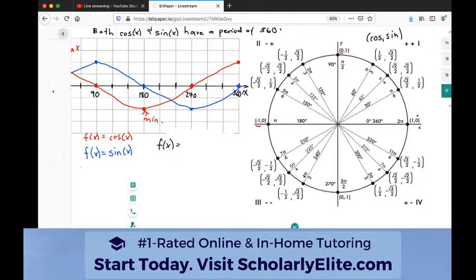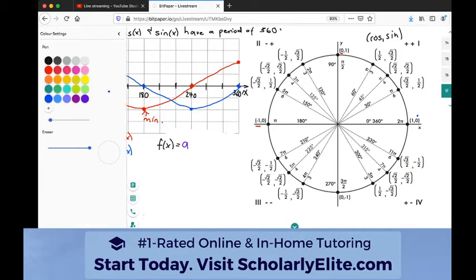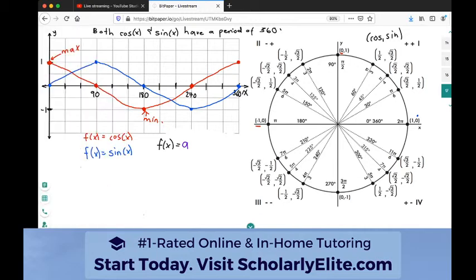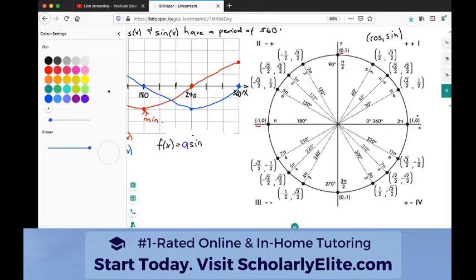So I have a, and then in here, you have sine, a sine, and then a different letter, k, bracket, x minus d, plus c.